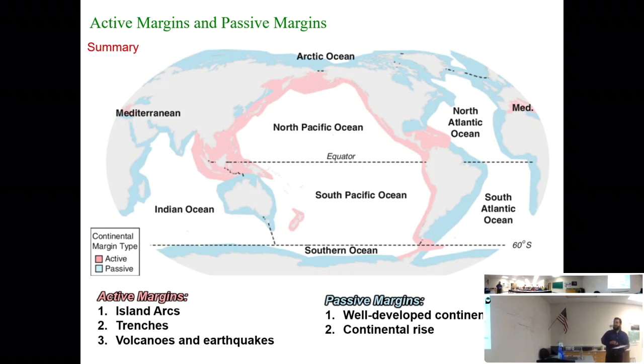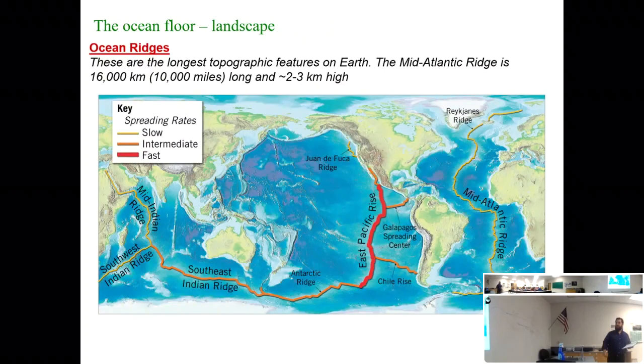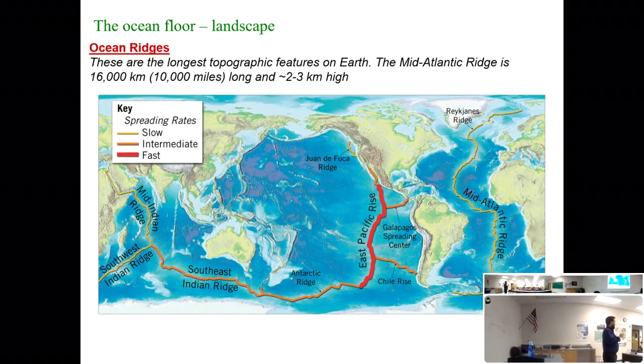Okay, so now we're moving away from continental shelves, and we're going to go into the next big feature, and those are ocean ridges. Okay, so mid-ocean ridges. Mid-ocean ridges are kind of crazy, because they're actually like the biggest single features on Earth. If you could see these from space, of course they're underwater, but if you could see them from space, they'd appear to be these giant mountain chains that are 10,000 miles long.